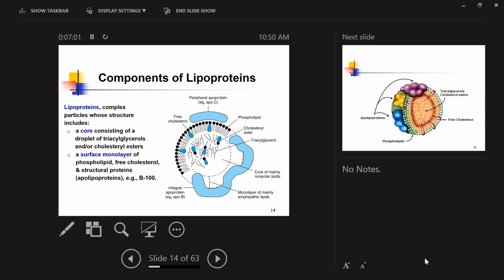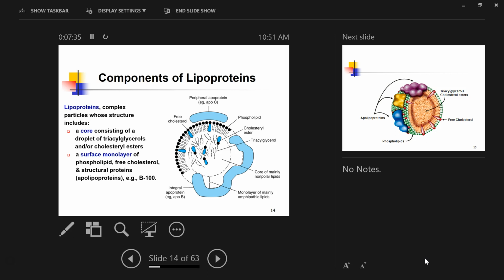So here is the structure, the components of lipoprotein, and how lipoprotein is constituted. Basically it has two main parts. One is the so-called lipid core. Lipoprotein is just like a ball, and inside of the ball are the lipids that the lipoprotein carries.